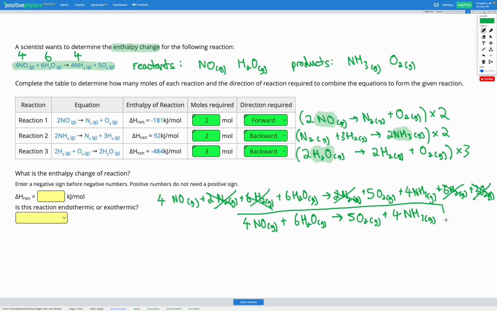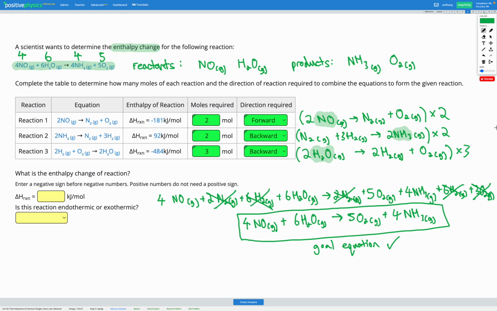That's our overall equation we found by adding together 2 sets of reaction 1 forwards, 2 sets of reaction 2 backwards, and 3 sets of reaction 3 backwards. And that matches exactly with our goal equation. We can see we've got 5 O2s there and 5 O2s in our result. So we've successfully figured out how to combine those 3 reactions to form our goal equation.